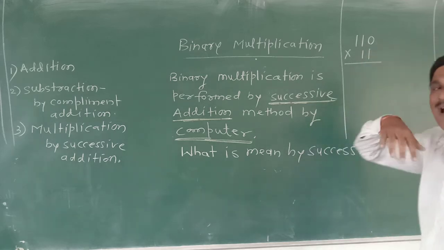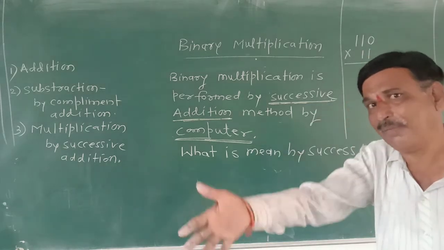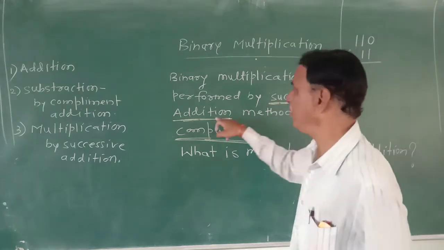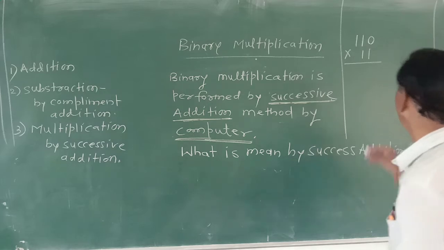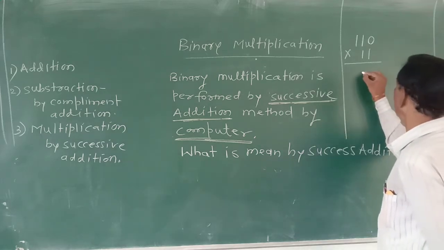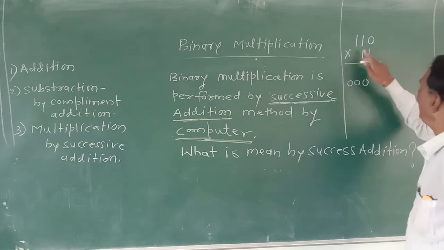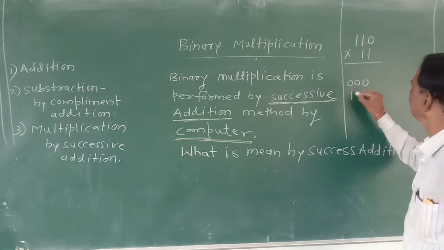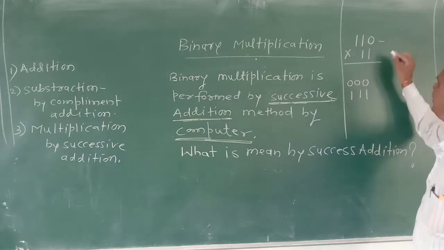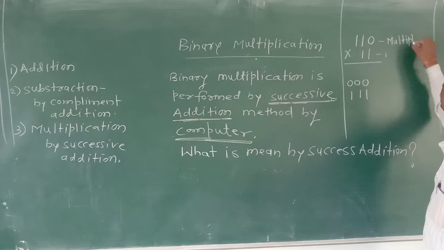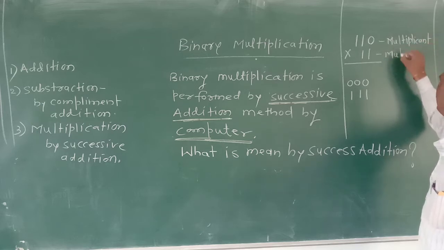We had done this by our traditional method, but now we are going to perform it by successive addition. It means that in 0 0 0 we add 1 1 0, the multiplicand, and 11 is called the multiplier.